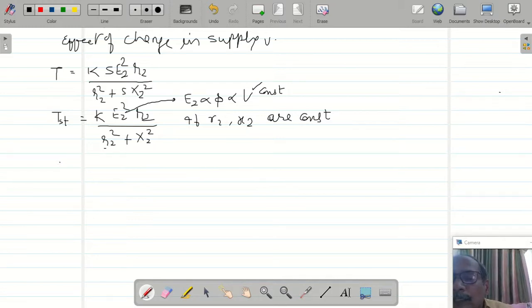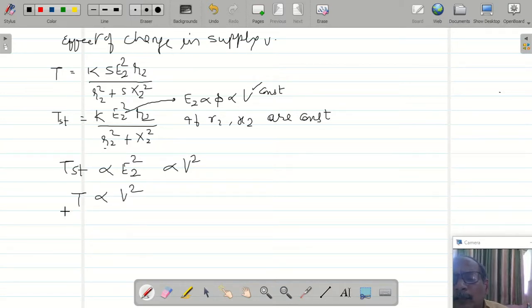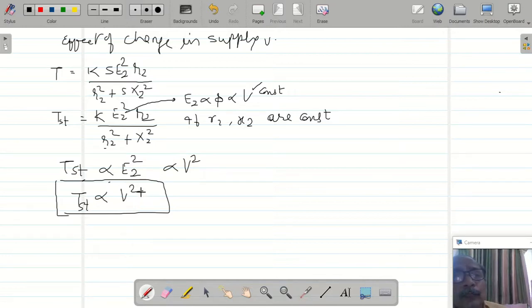So starting torque is proportional to E2 square, it is proportional to V square. Means the torque is very sensitive to the supply voltage. Torque is proportional to the square of the voltage. If you change the voltage by 5%, torque will change by 25%. So starting torque is proportional to V square.